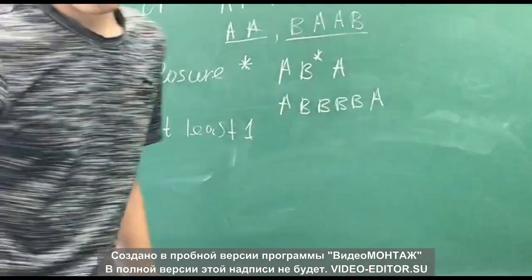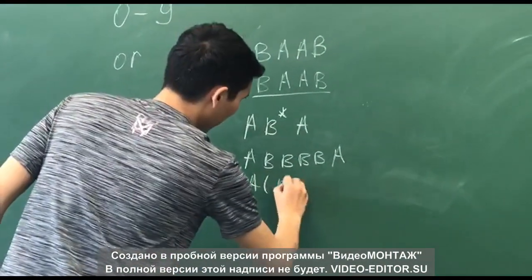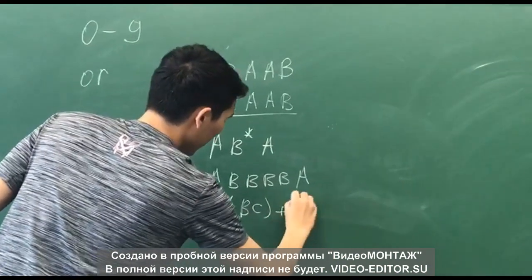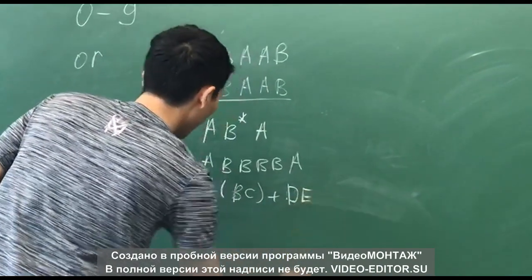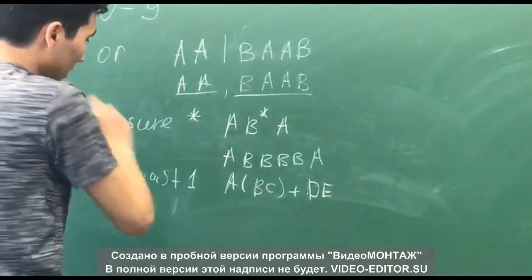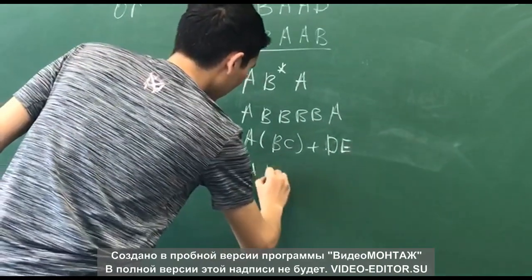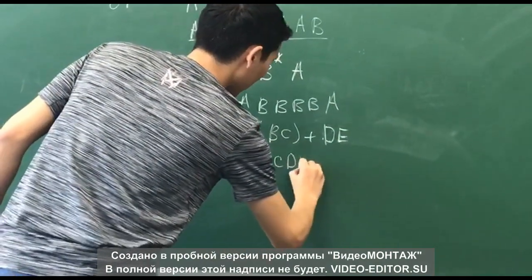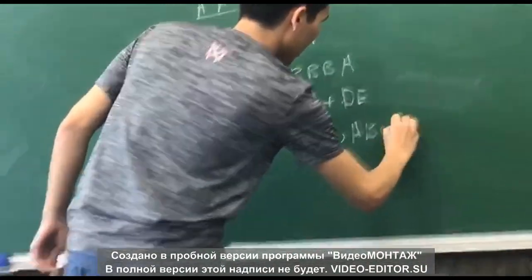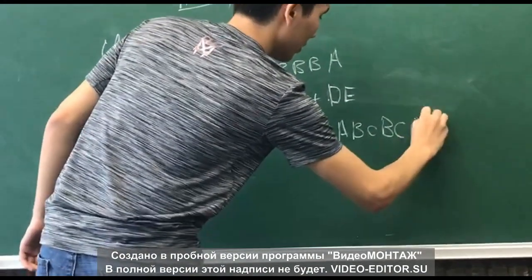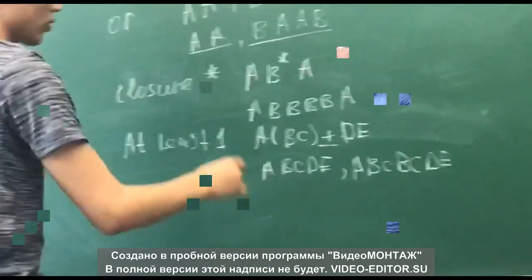For example, if we have A, B, C plus D, E, it means this expression can accept only A, B, C, D, E, and A, B, C, D, A. Plus means 1 or more times.